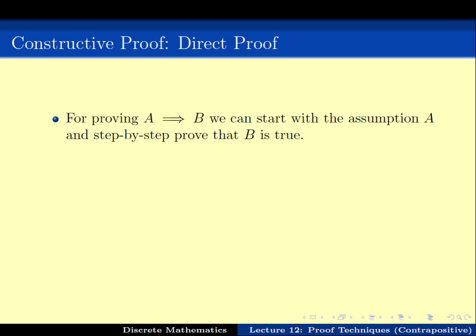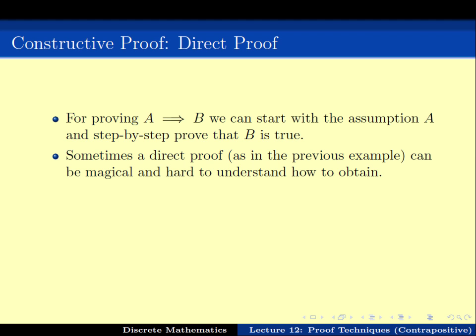The first one was the constructive proof, where we applied the direct proof technique, namely, you start with A and you prove B. There are two ways of doing it. Number one, of course, you can start with A and step by step prove B. But sometimes that can be magical. The direct proof can be very magical, and it's not very clear how to obtain such a proof. So the way to get around it is by doing a backward proof.